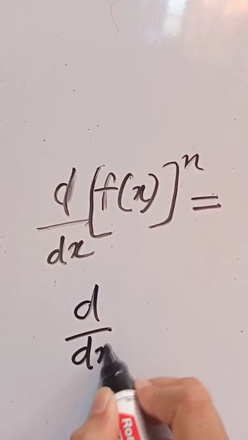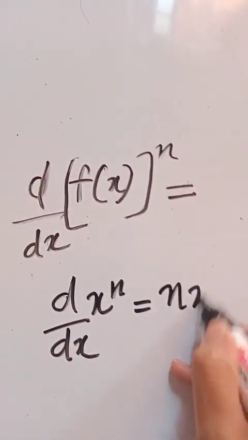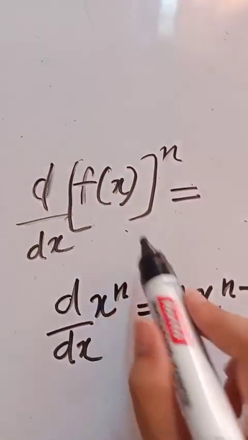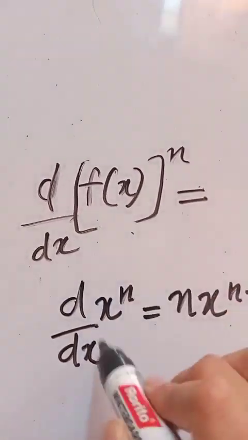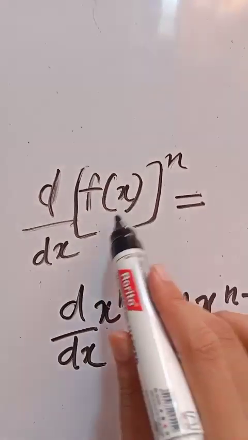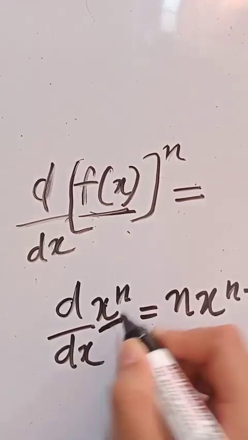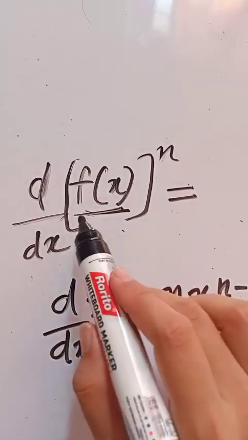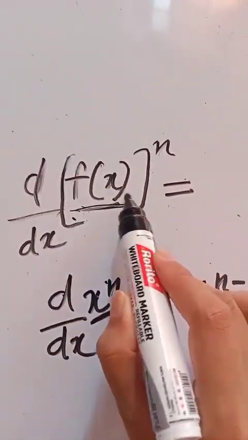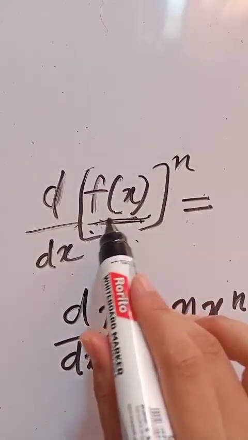D by dx of x raised to n is equal to n x raised to n minus 1. Compare this. Here, instead of x raised to n, f of x is used. Here a term x is used. Instead of that, we are differentiating f of x, so the function of this term is taken here.